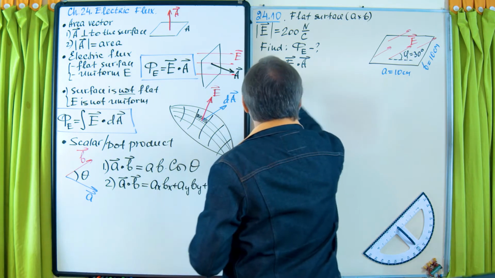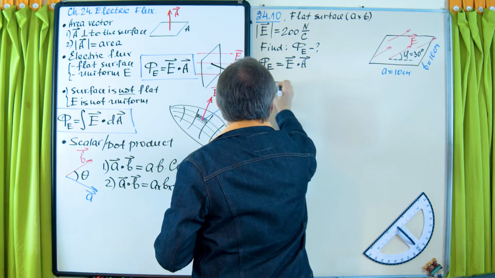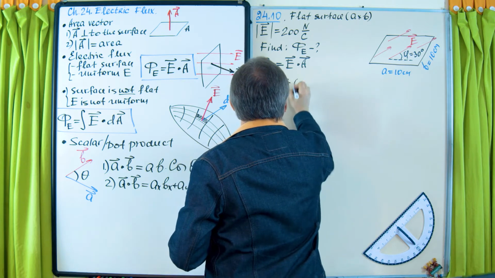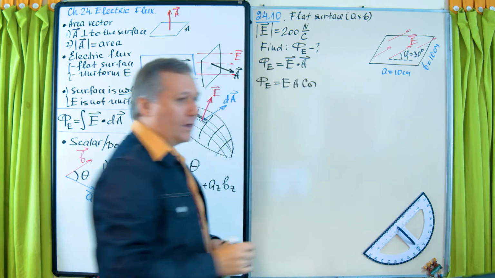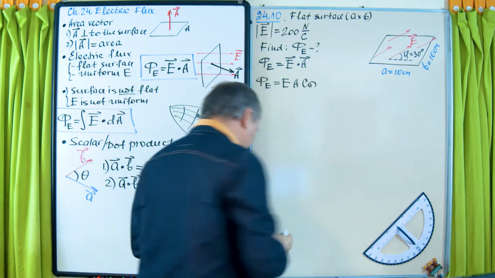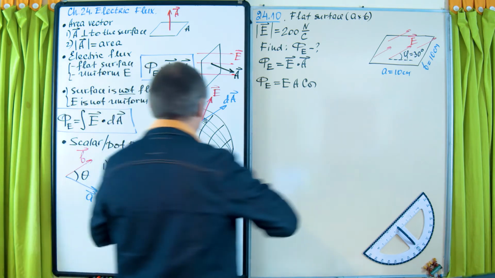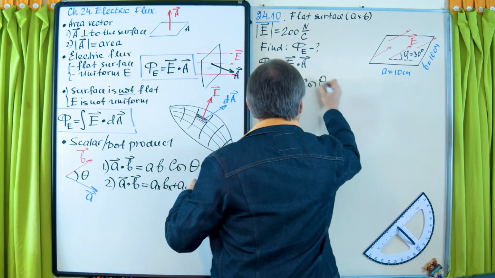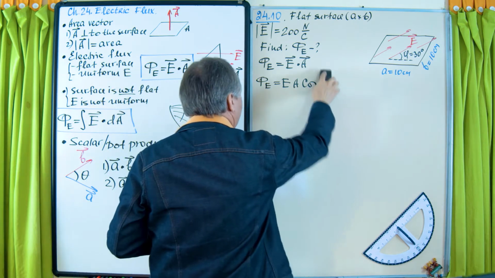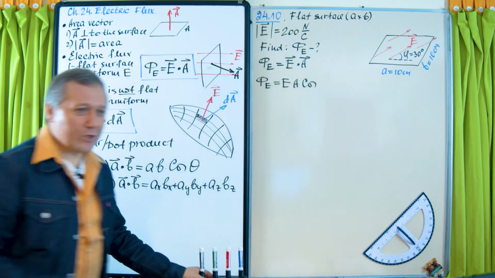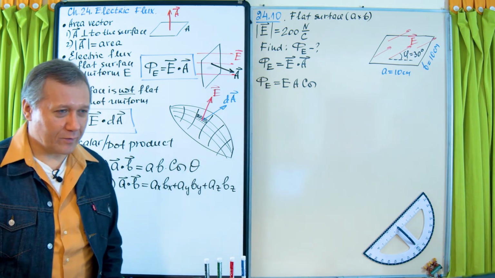So we can write the flux now explicitly, so it will be E times A n times cosine of angle. Now, which angle should we use over there?